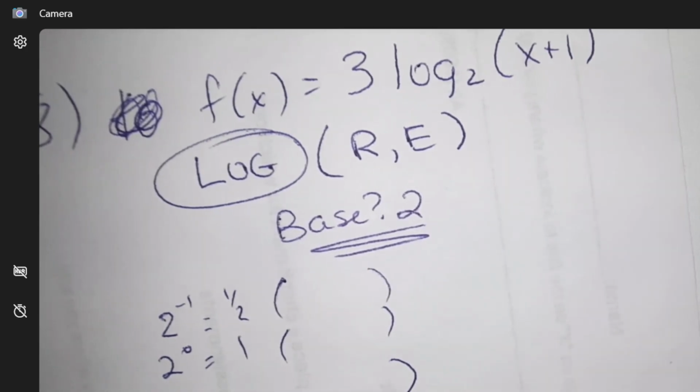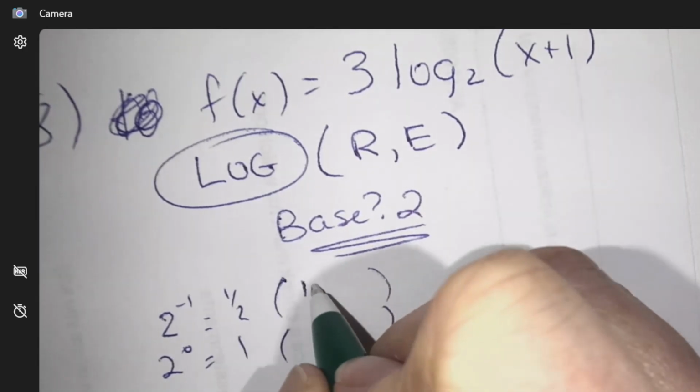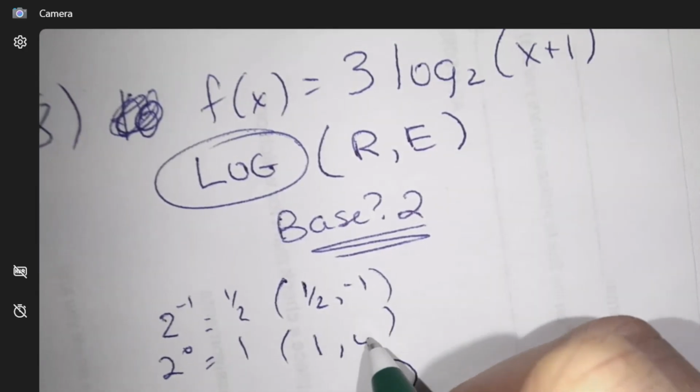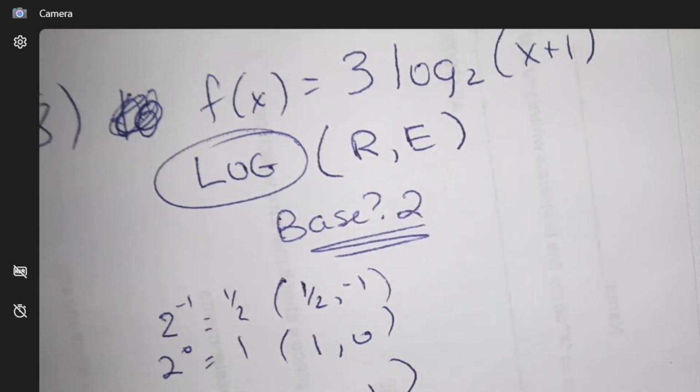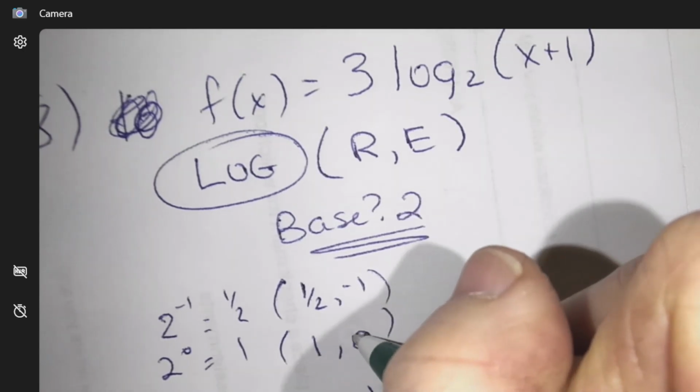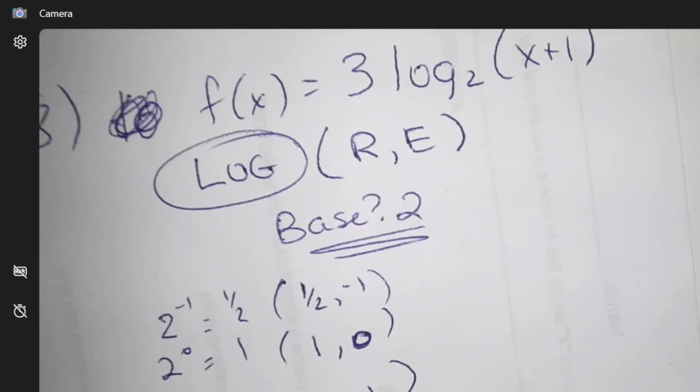So I started all the same way, but now this is where I switch because my coordinates have to go backwards. Result, comma, exponent. Result, exponent.